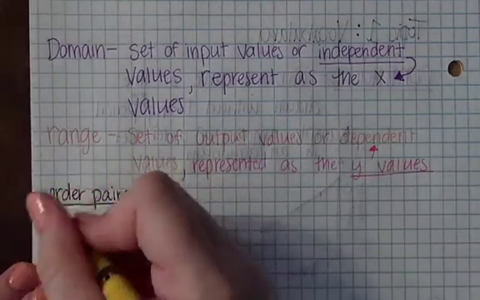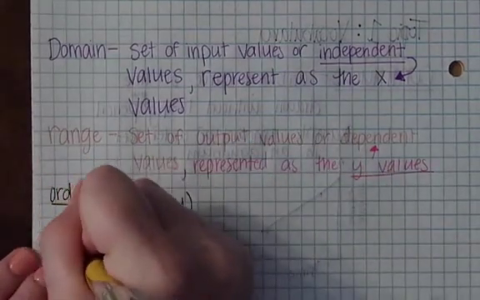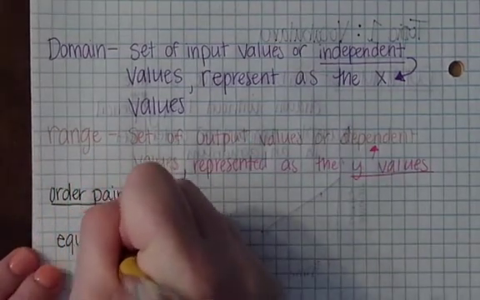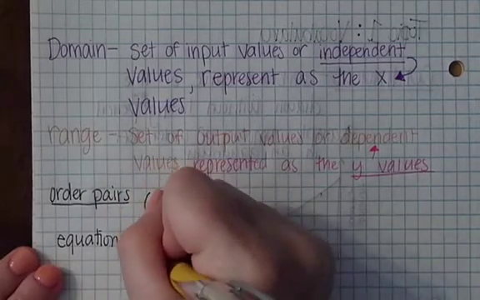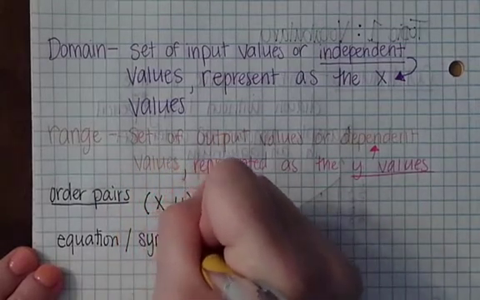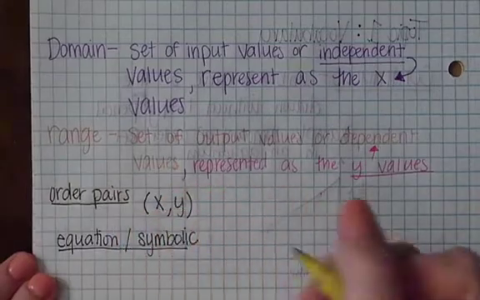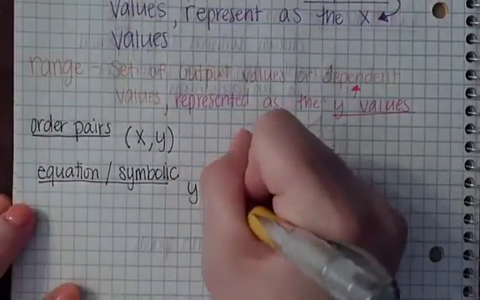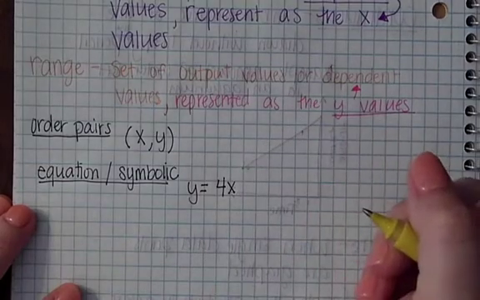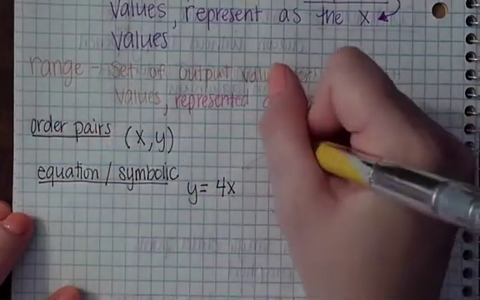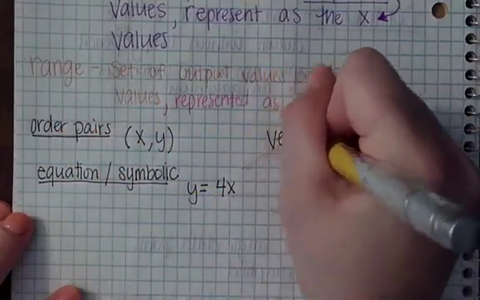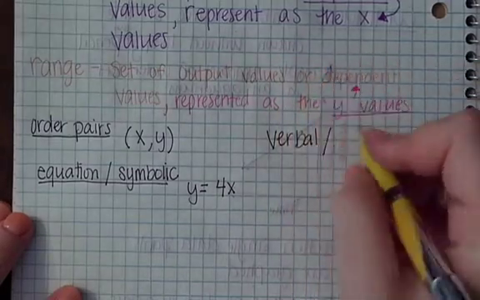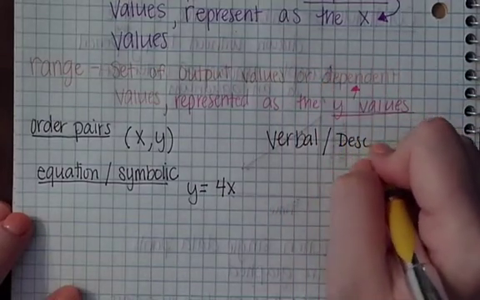We have equation, which you'll also hear me call symbolic on occasion. So an example of that would be like y equals 4x. I'm going to go over here and write a few more. Verbal or description.